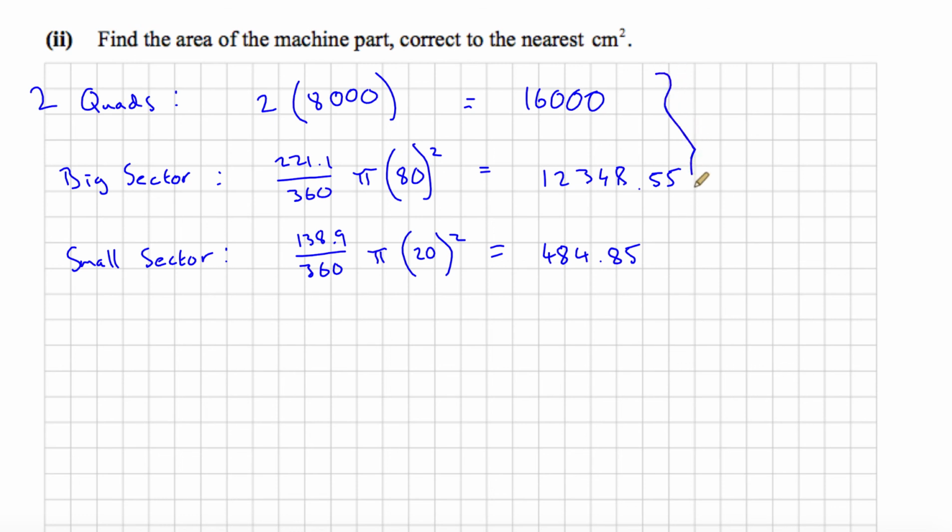So finally, I'm going to add all of these together, and that's going to give me 2,883.4, and on it goes. But I only need to correct to the nearest centimetre squared. So that's going to be 2,883, because this 4 doesn't affect the 3 in front. So 2,883 centimetres squared for the area of the machine part. And that's the end of part C and the end of question 7.